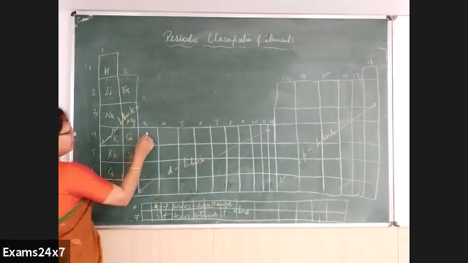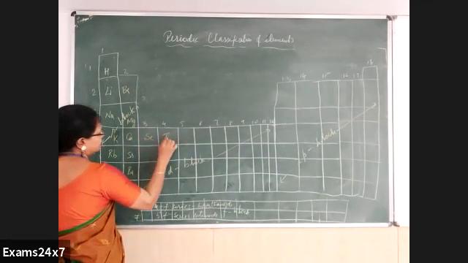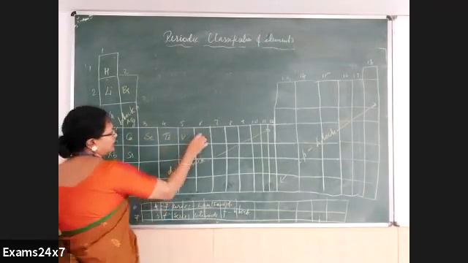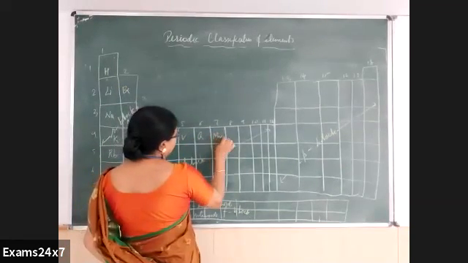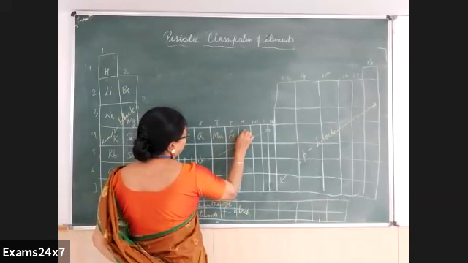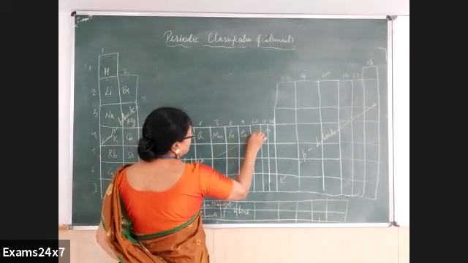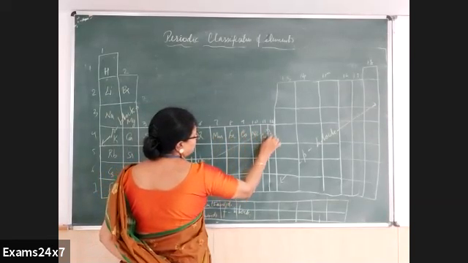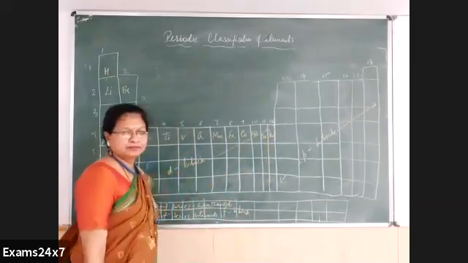Then in the D block you have scandium, titanium, vanadium, chromium, manganese, iron, cobalt, nickel, copper and gold.